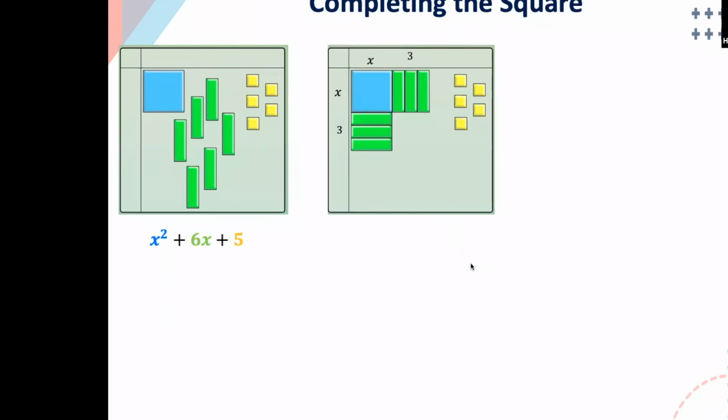So if I have 6 x's here, I should split the x's in half so that I can start creating a square. I can rewrite the x term as 2 times 3x, because that's how I started creating a square. So I just rewrite the equation. It's still the same quantity. I still have x squared, I have 2 times 3x, which is 6x's, and I have 5 here.